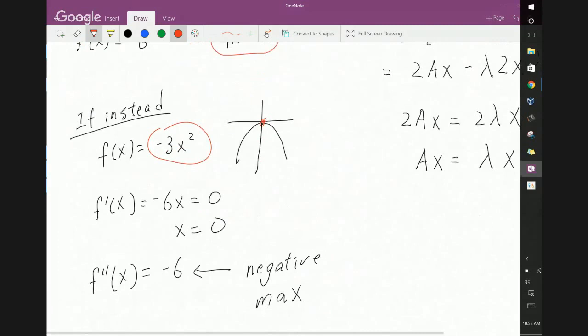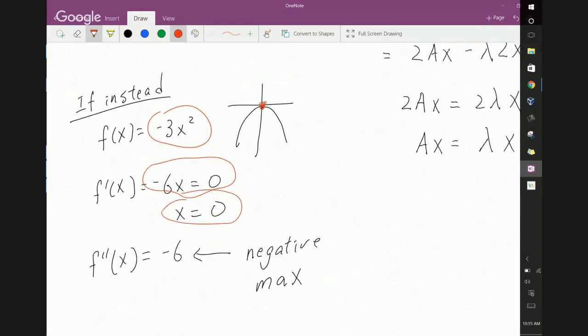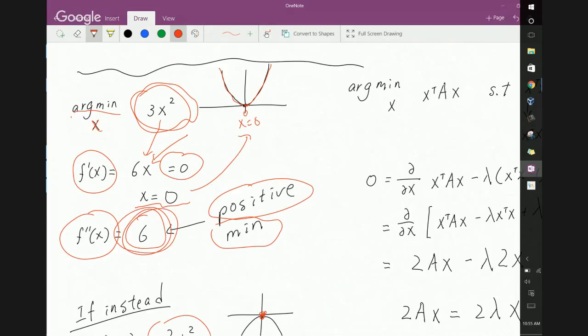If we take the derivative, similarly, we will get negative 6x equals 0, and we will get the exact same point, x equals 0. Therefore, it's important at this point that you find the second derivative. We take the derivative again and check that the second derivative is positive. If this is a positive value, it means that it's a minimum.